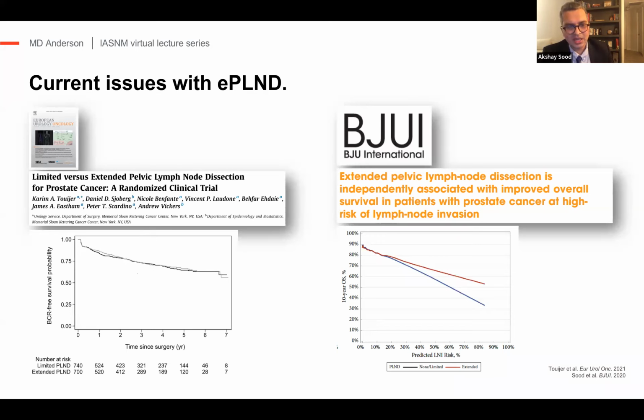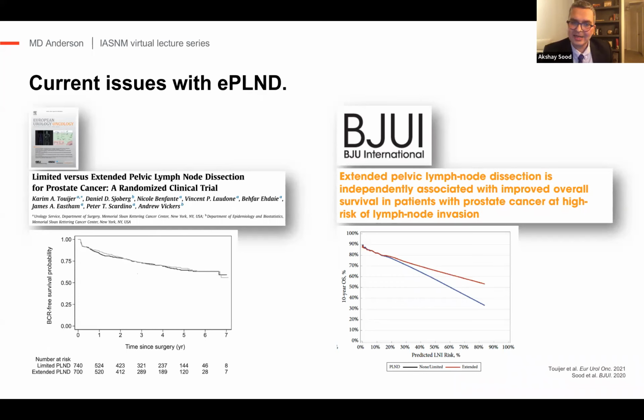Another limitation or criticism of the study that came up when it was published was that if you look at the two groups in this trial, the limited and the extended, they actually both had similar lymph node yields. I think the median for both was like 13 and 14 or something like that.